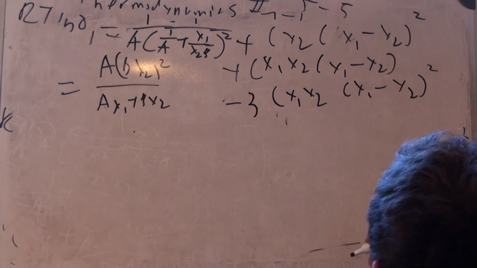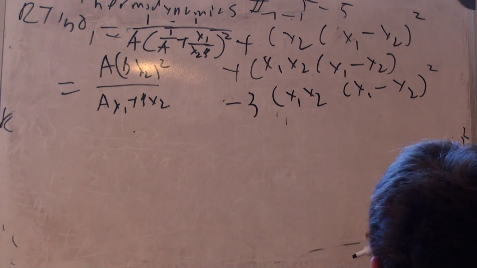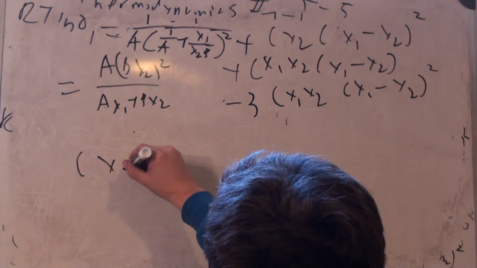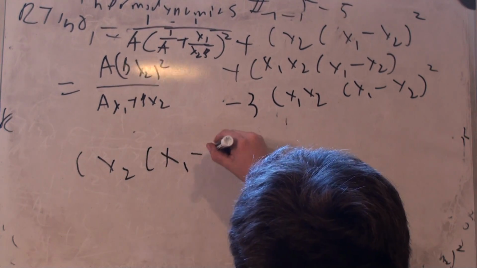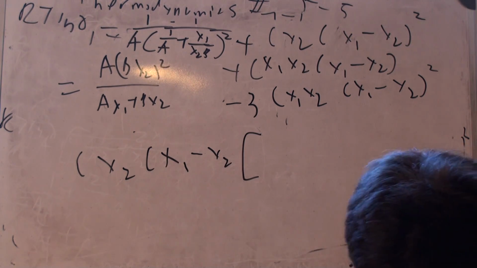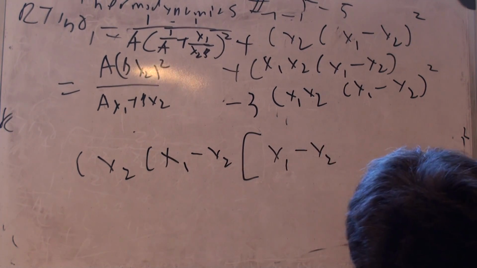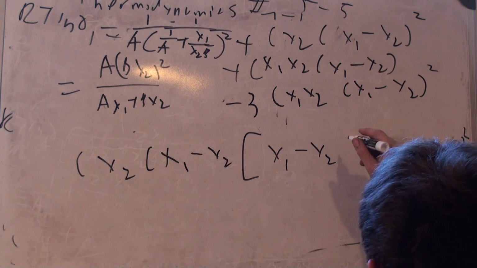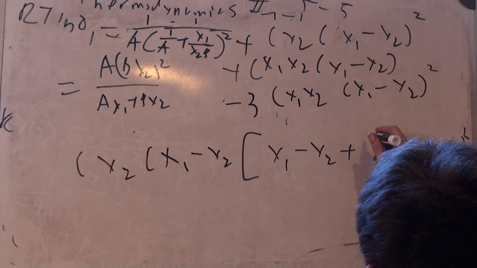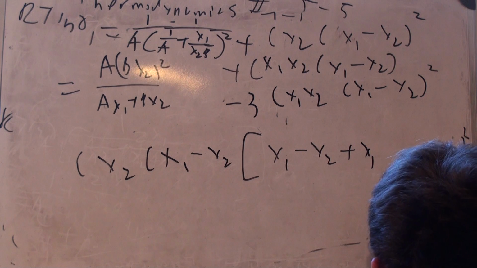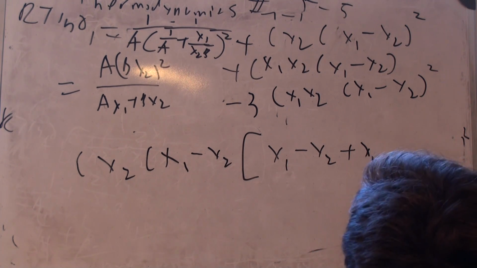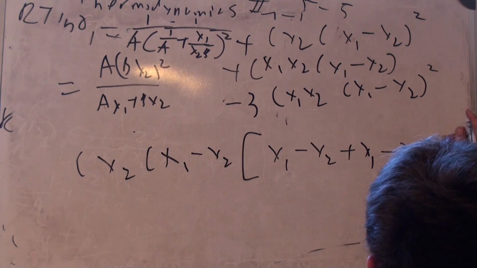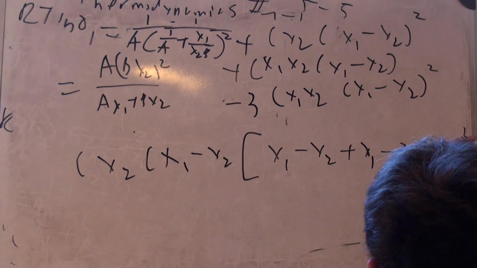Okay, let's do this monster. So that has a bunch of x2s in it. They all have x2s and they all have x1 minus x2. So we got c x2, x1 minus x2 times the quantity x1 minus x2 plus c x1. Let's see here. Minus 3x1 squared plus 3x1 x2.